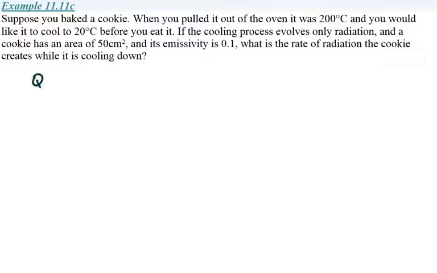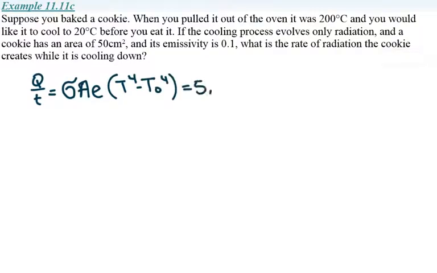So I have the heat flow over the time is equal to the Stefan-Boltzmann constant, the area, the emissivity, and then the final temperature to the fourth minus the initial temperature to the fourth. Plugging in the numbers, I have the constant 5.7 times 10 to the negative 8, times the area, which is 50 centimeters squared, centi squared is negative 4. Emissivity is 0.1.